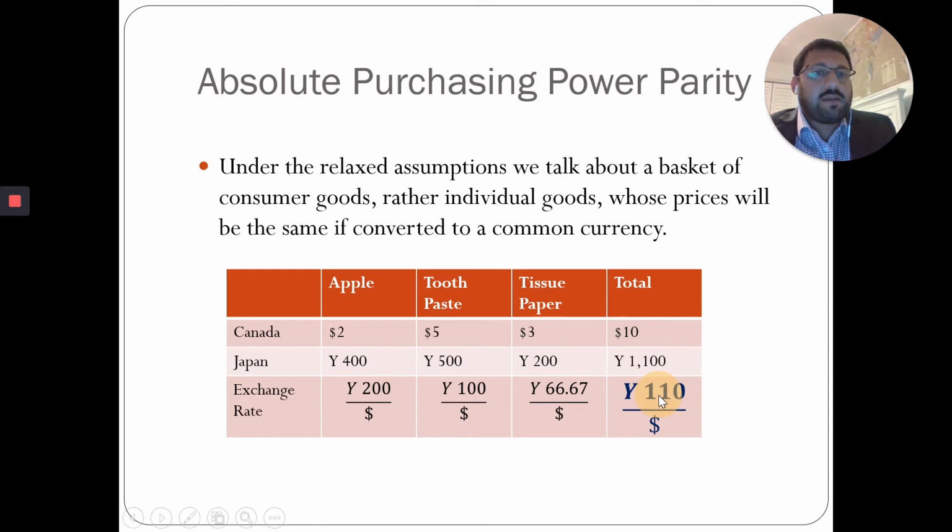Over here the example is very simple. I included only 3 items, but when the true basket of consumer goods is considered, the prices of those consumer goods in different countries will drive what the exchange rate should be.